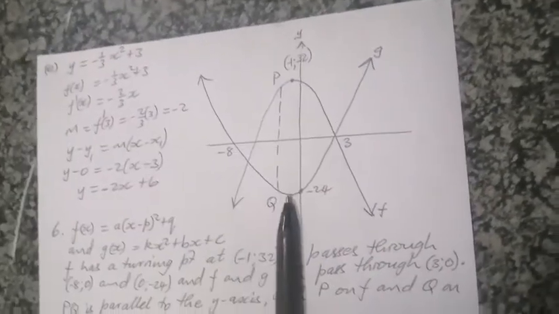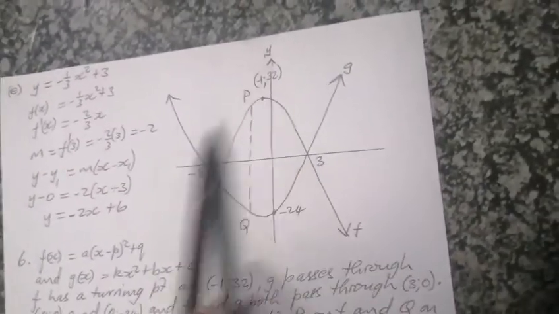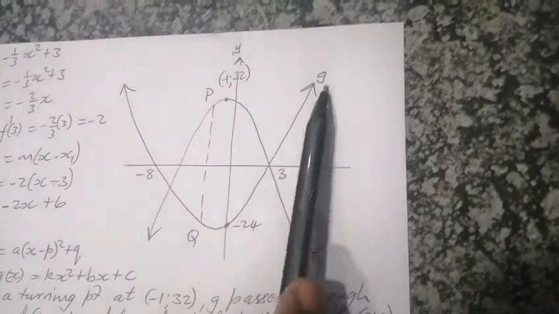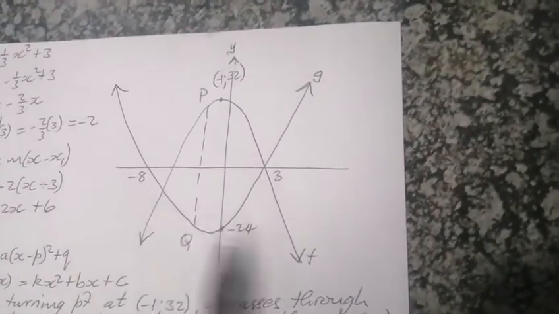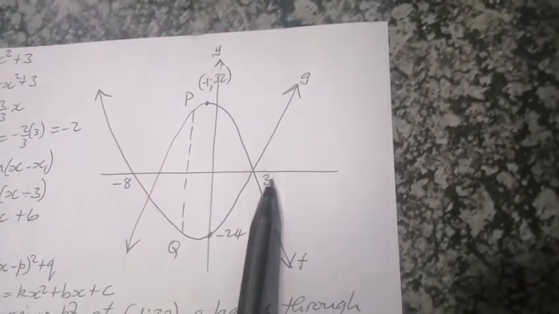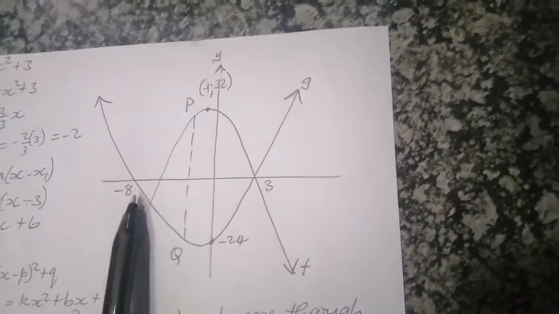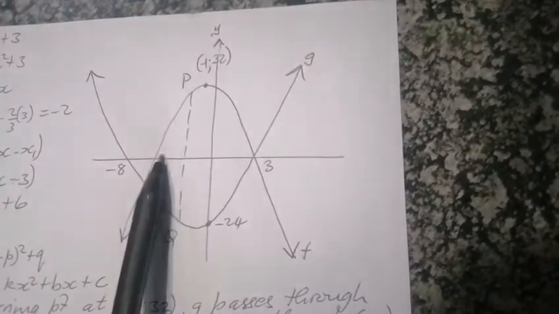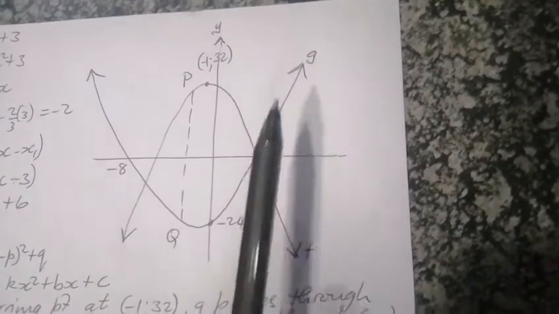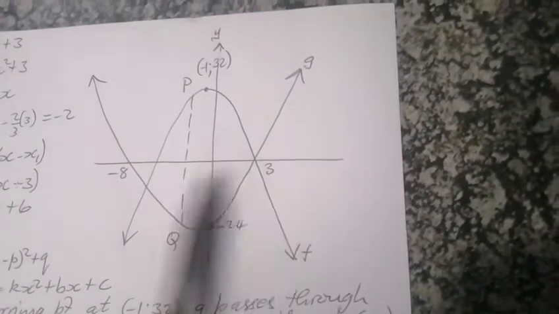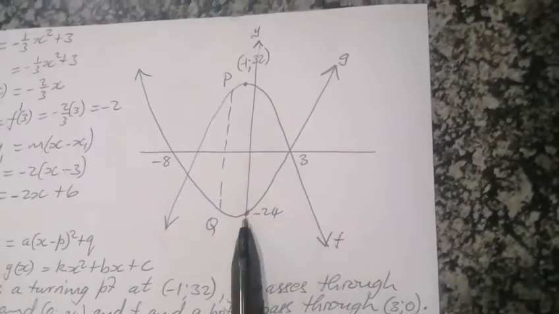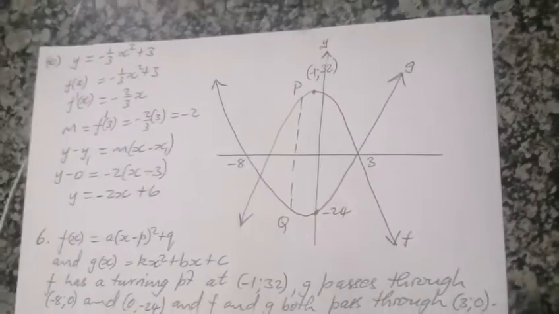One has a minimum turning point and the other one has a maximum turning point, and there is a point P on F and a point Q on G. And we notice that the graph of F cuts the x-axis at 3 and also at minus, it's not given. But G cuts at 3 and at minus 8. And it also cuts the y-axis at minus 24.